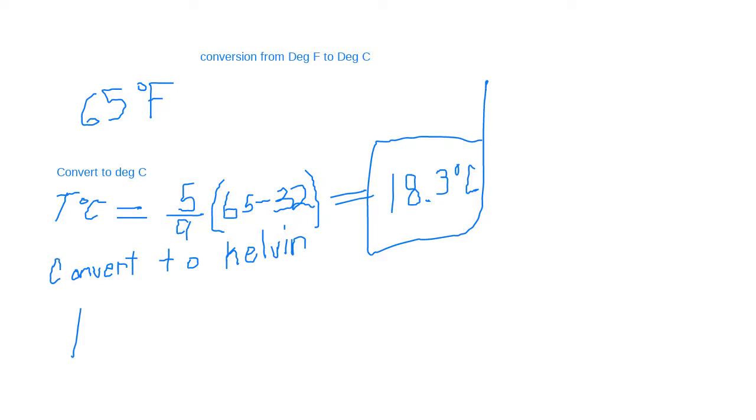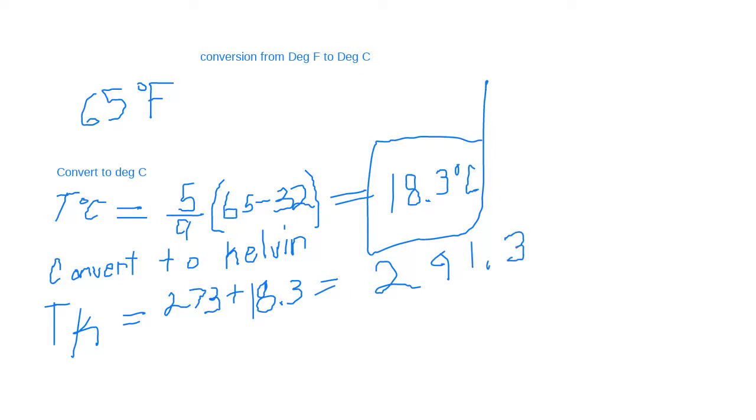So that'll be T Kelvin equal to 273 plus 18.3, and that equals 291. All right, that's easy as well.